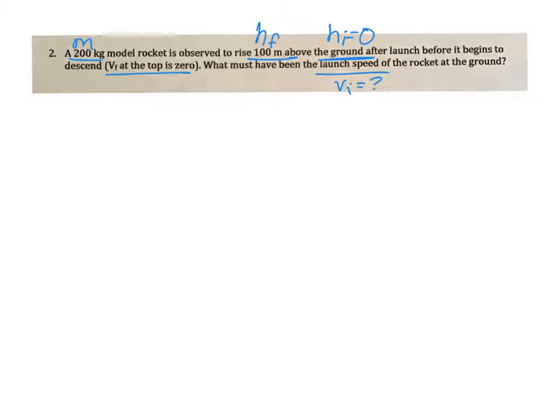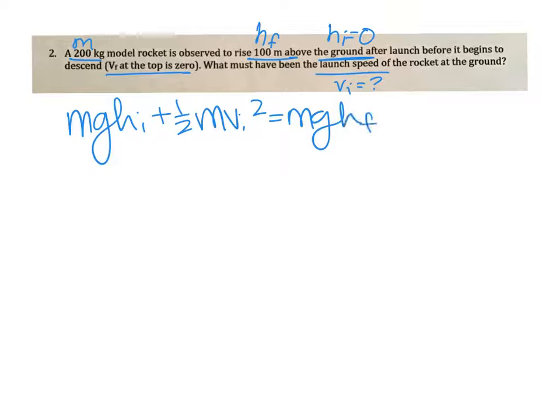All right, so we're going to use our conservation of energy formula, which is mghi plus 1/2 mvi squared equals mghf plus 1/2 mvf squared. All right, so now let's plug in everything.